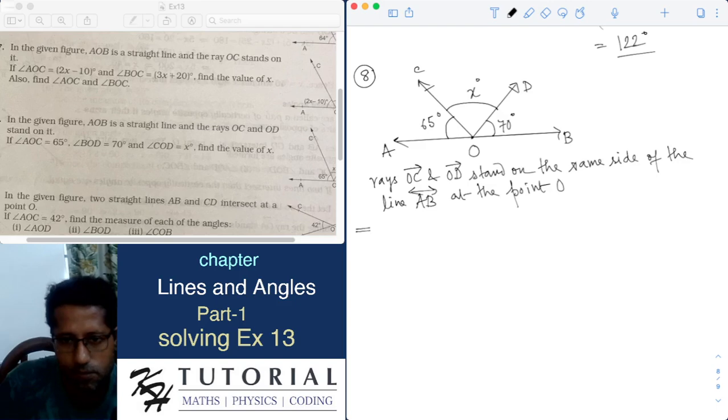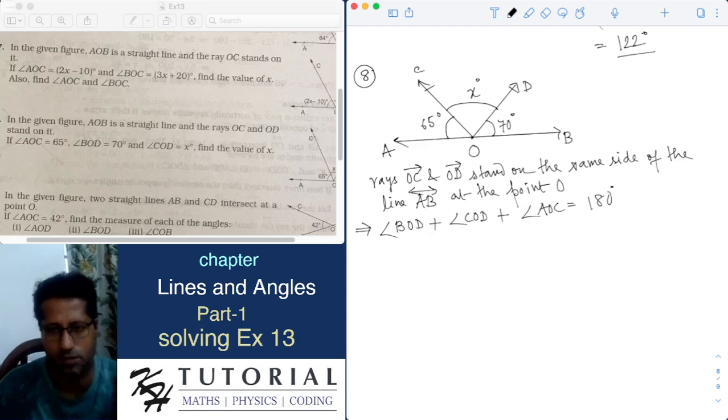So this implies angle BOD plus angle COD plus angle AOC should be equal to 180 degree.